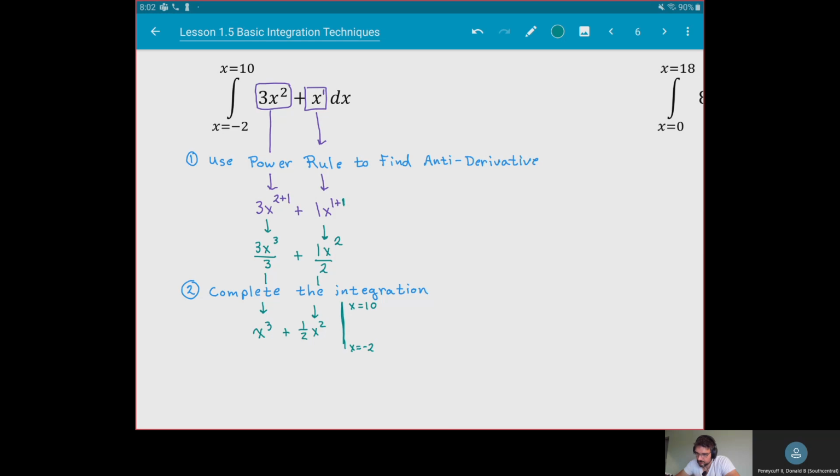I think my calculator just broke. Okay. There we go. Pop the battery out. Pop it back in.